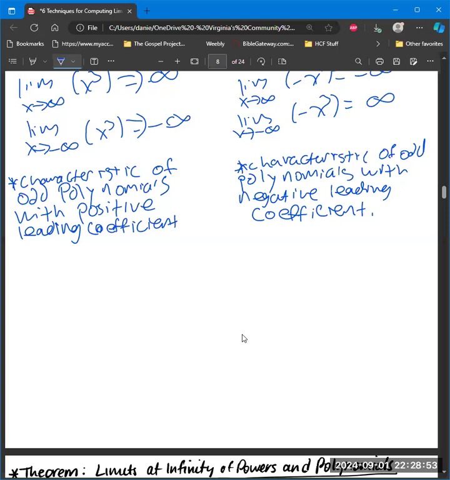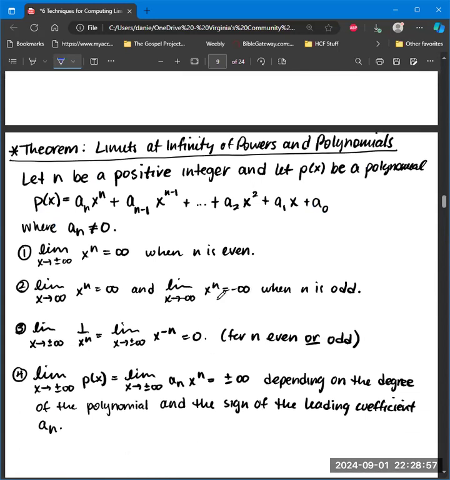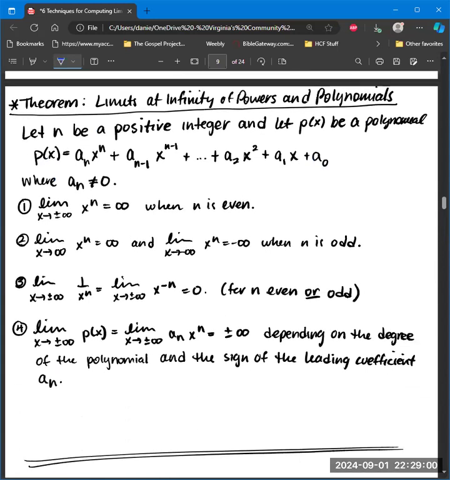So those are basic examples. If we forget the definition below, this definition is hard to look at, so we'll just try to remember those basic graphs to help us understand this. The degree of the polynomial here is equal to n, and the leading coefficient is a sub n.